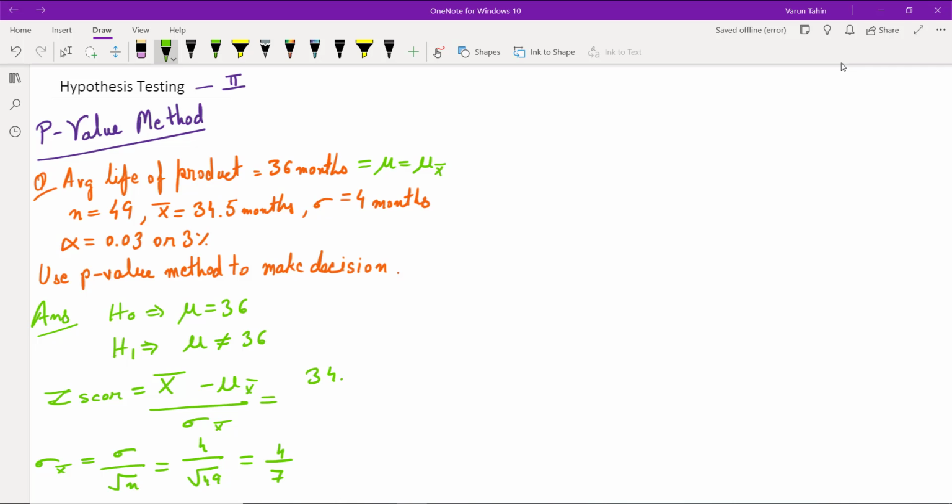So 34.5 minus 36 divided by 4 by 7. So this will come to minus 1.5 divided by 4 by 7. So this will be minus 1.5 into 7 by 4 and this will be solved as minus 2.62.